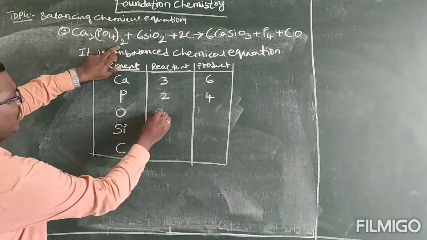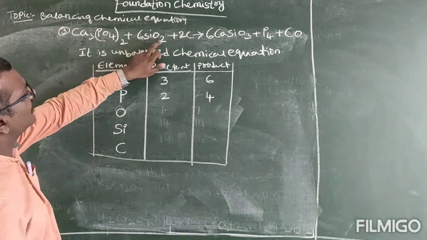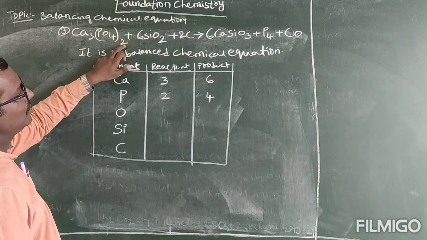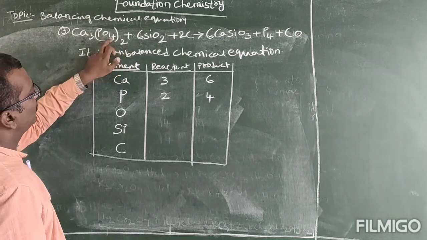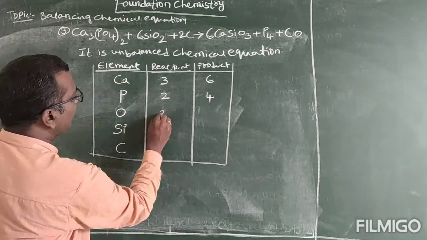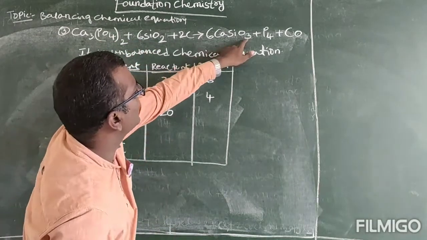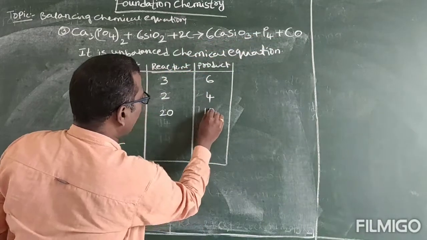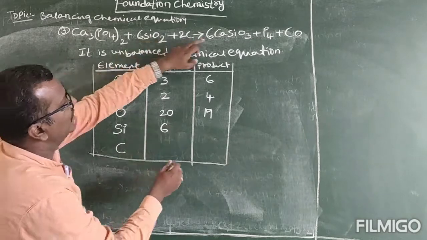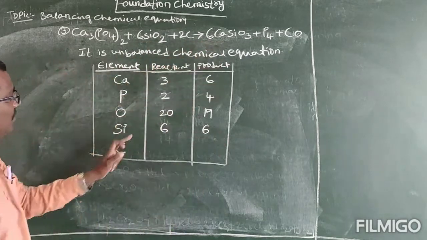Oxygens: 4 twos are 8, 6 twos are 12, 12 plus 8, 20, and here 6 threes are 18 plus 1, 19. Silicons, here we have 6, here also 6.